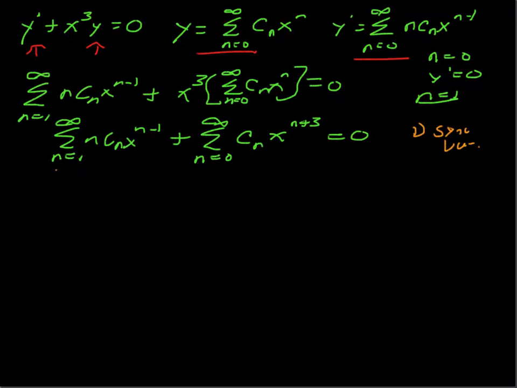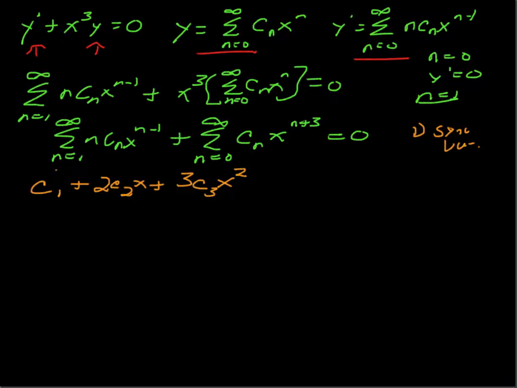So when we let n equals 1, you notice here we get 1 c sub 1 x to the 0. So that's going to be c sub 1 plus, and then we're going to let n equal 2. So this is going to be 2 c sub 2 x. And then we're going to let n equal 3. So this is going to be 3 c sub 3 x squared.